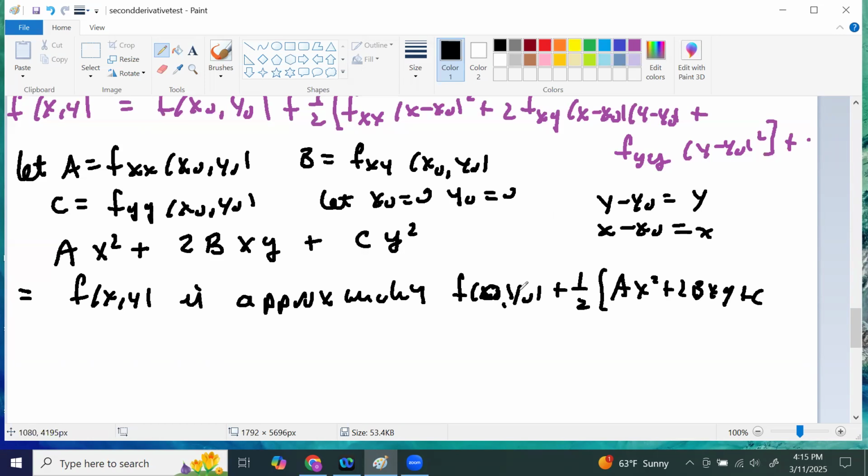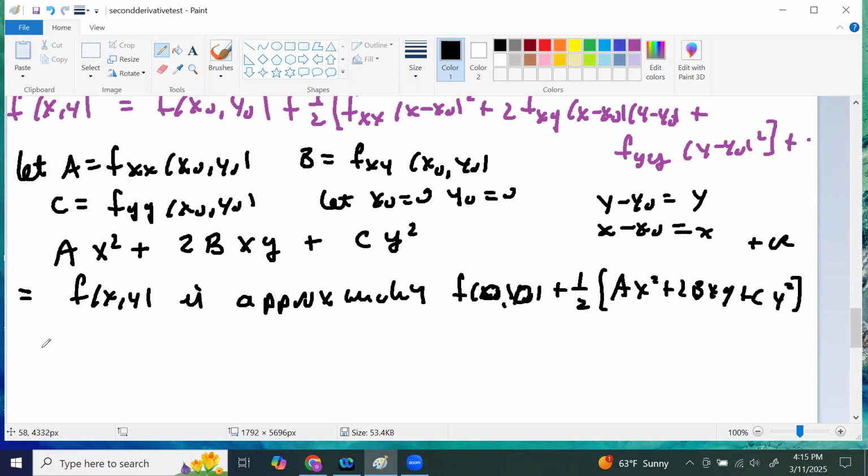And let's just make this 0 and 0 here. Near 0, 0. So this is what's going to determine what kind of critical point you have. It's going to be strictly this, plus a remainder term, which I'm going to ignore.